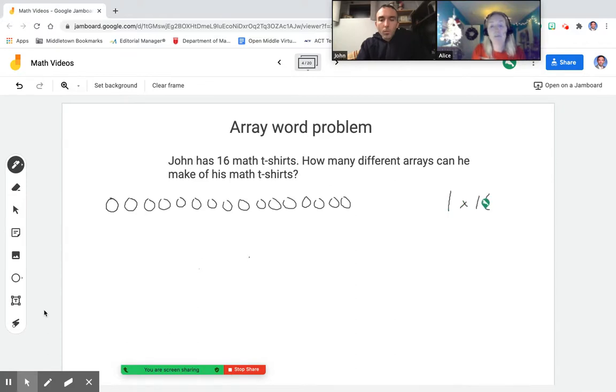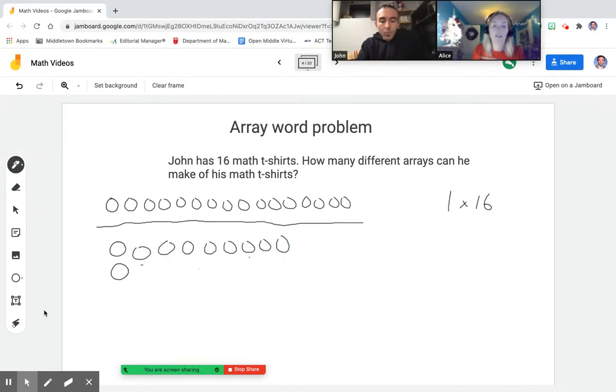Now I'm going to go up and say, okay, well, does 2 go into 16? And it does. So give myself some room here. I'm going to do 2 rows of 8 shirts. Okay, so that's 2 by 8.